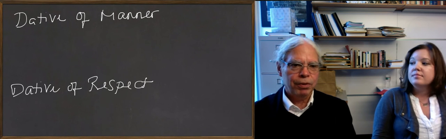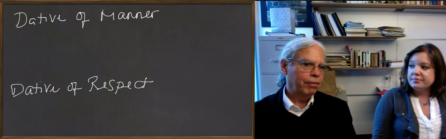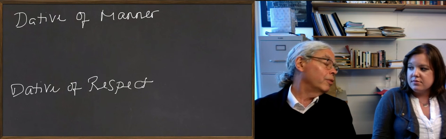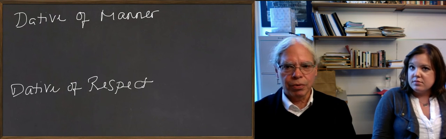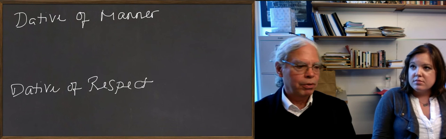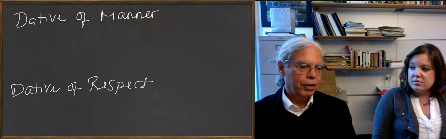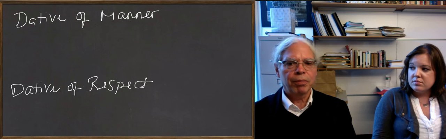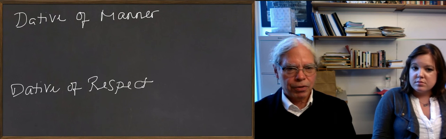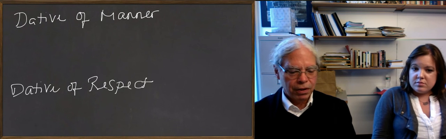What we've learned so far is that you have indirect object datives and instrumental datives. An instrumental dative is the one that tells you, put in the dative case the thing with which you do something. So is this fundamentally different?